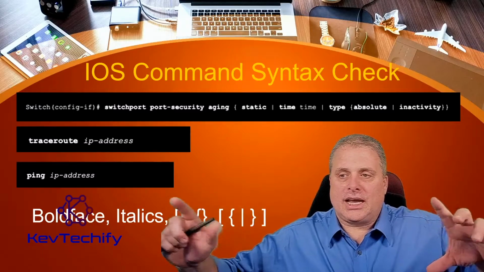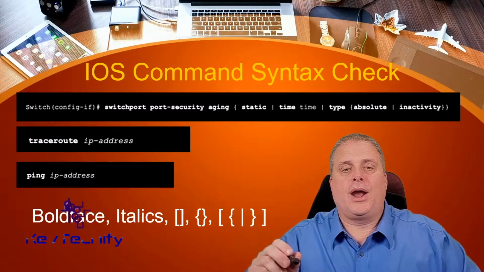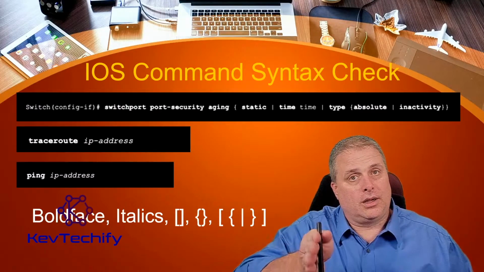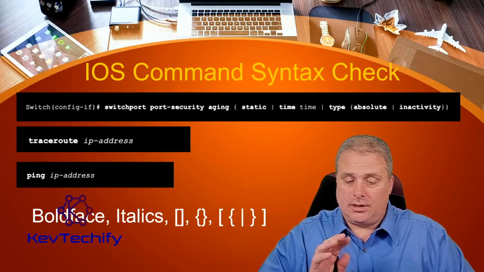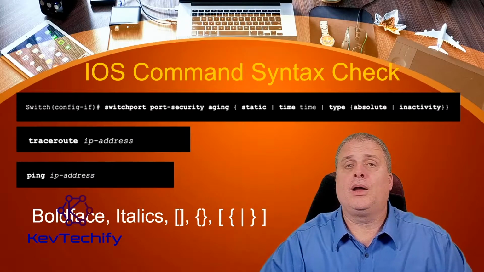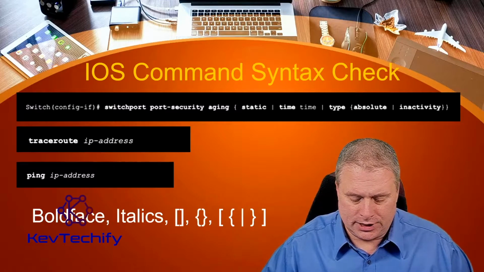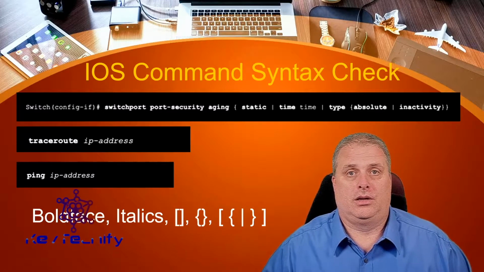Now, as we look inside the first set of squiggly brackets, we have the word static followed by this vertical line. This vertical line is called the pipe sign, the more sign. Depending upon where you come from, that line is the shift key above your enter key.